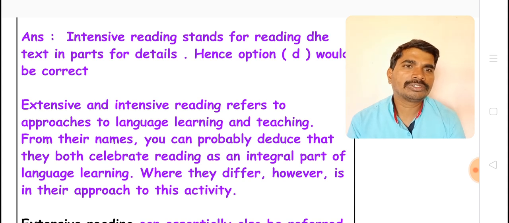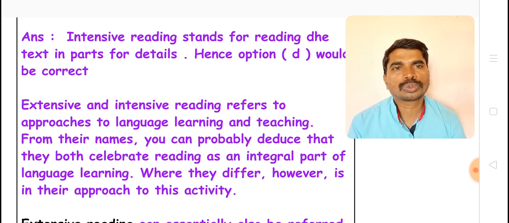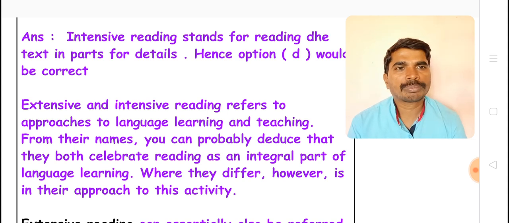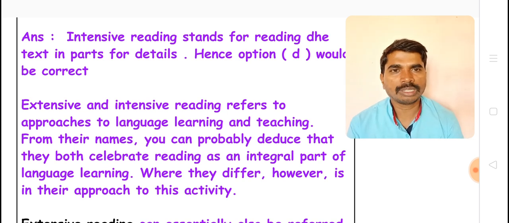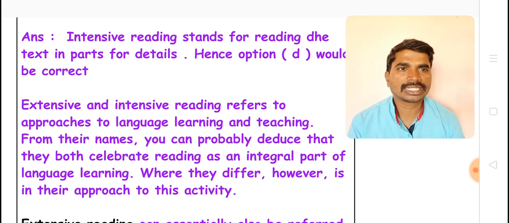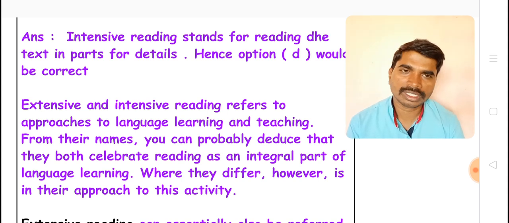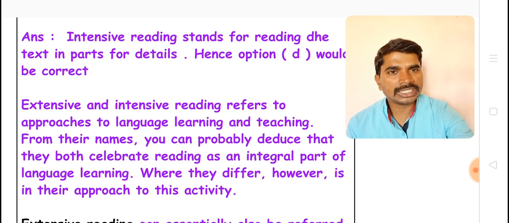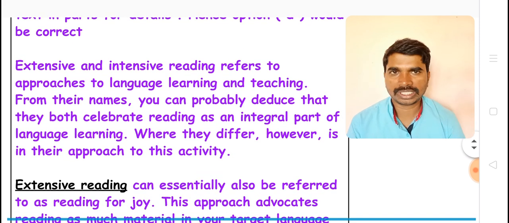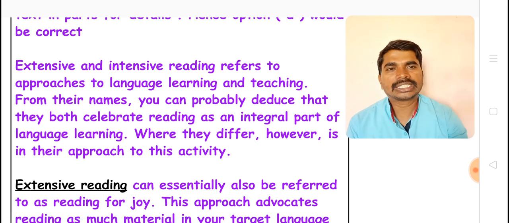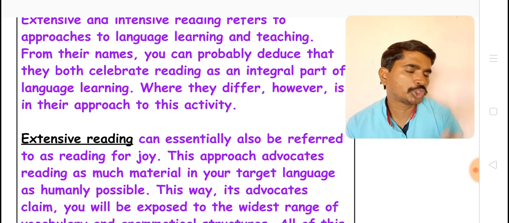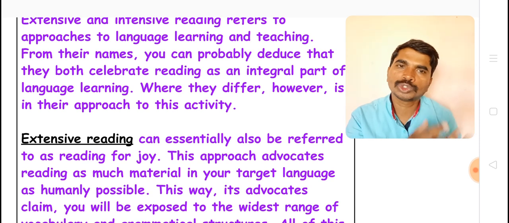Extensive and intensive reading refer to approaches to language learning and teaching. From their names, you can probably deduce that they both celebrate reading as an integral part of language learning. Where they differ, however, is in their approach to the activity. Extensive reading can essentially be referred to as reading for joy.